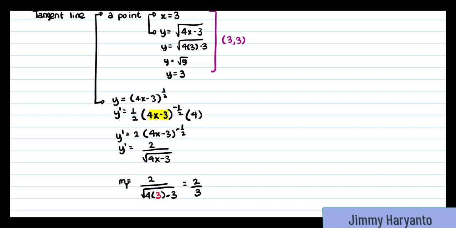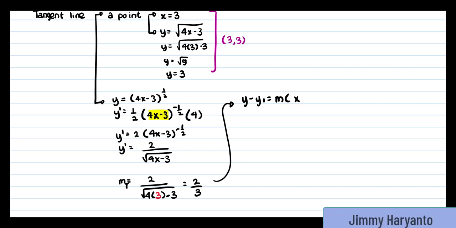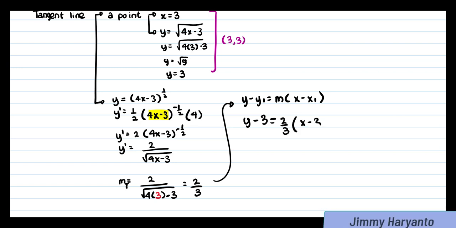Because the question asks for the tangent line, we can find it directly using this formula, y minus y1 equals m times (x minus x1). That means y minus y1, which is 3, equals the gradient 2 over 3 times (x minus 3).